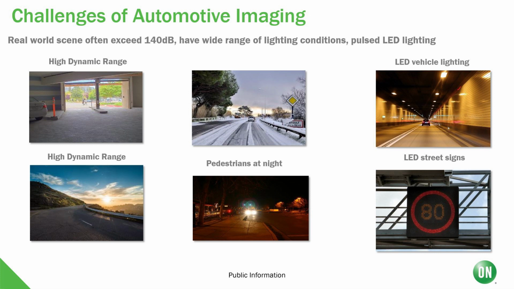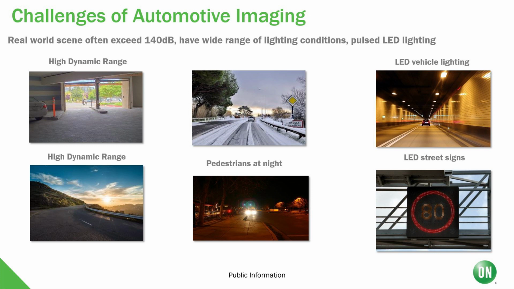And just to give you a baseline, a traditional sensor that does not have high dynamic range capability will typically have 60 to 65 dB of dynamic range. Specialized automotive sensors with specialized pixels and processing can increase its dynamic range to as high as 140 dB.